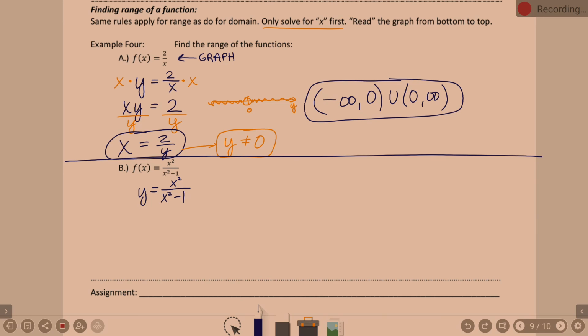So my suggestion is that we read the graph. So I'm going to write on here, read the graph when difficult to solve for x.